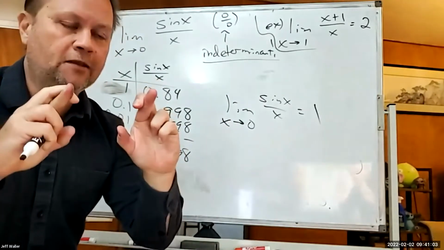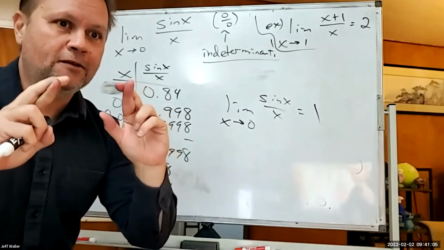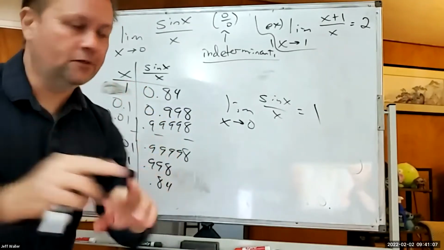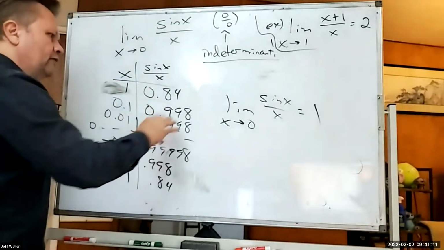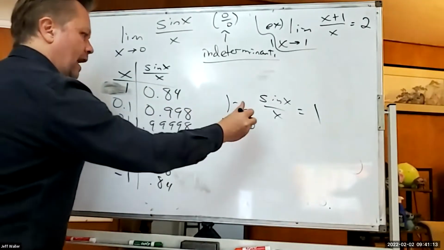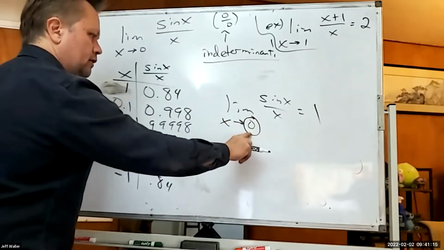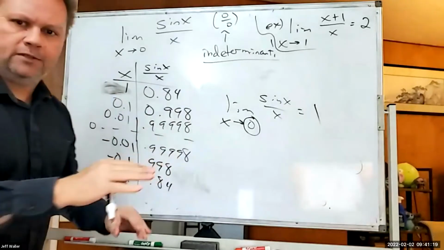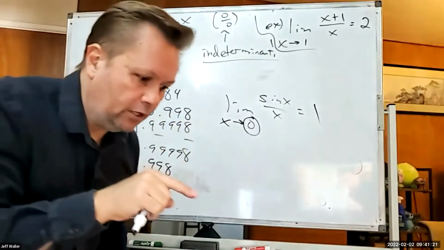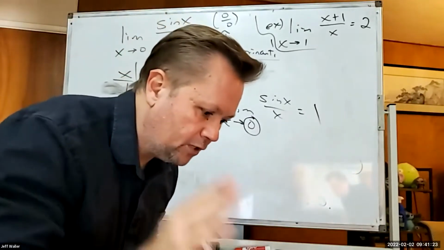So this is the best tool we have when we first start looking at limits at weird locations. Making a table to feel it out a little bit, to get really close to the weird alien thing, but don't touch it.